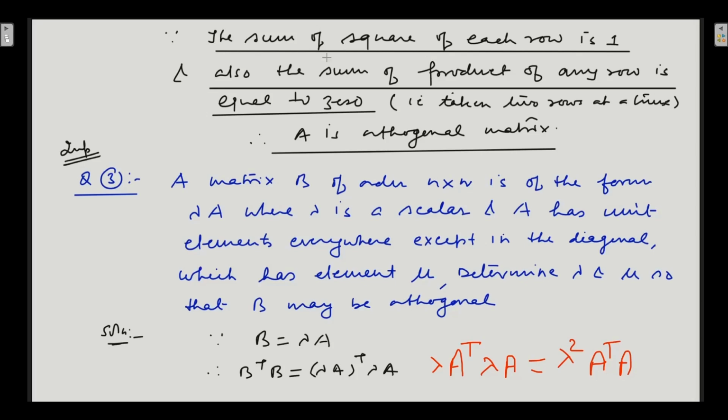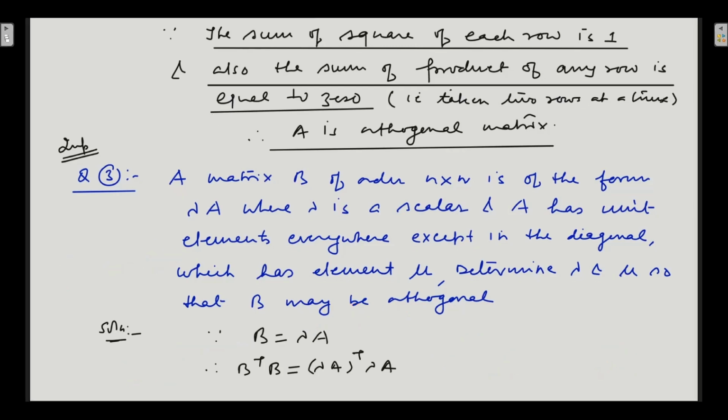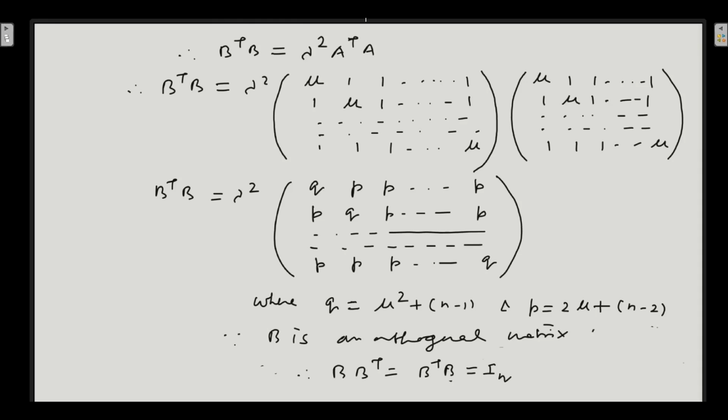It is already given that B is an n cross n matrix, so as a result matrix A will also be an n cross n matrix, that is, it will also have n rows and n columns. This matrix A has been written over here, although it is not written here, it is an n cross n matrix.